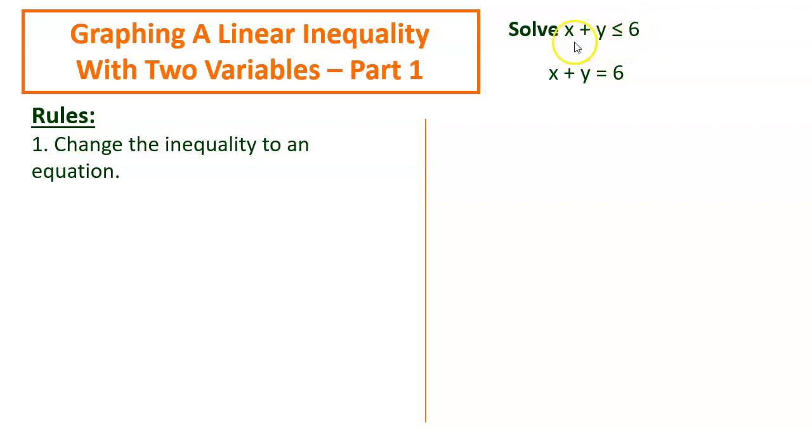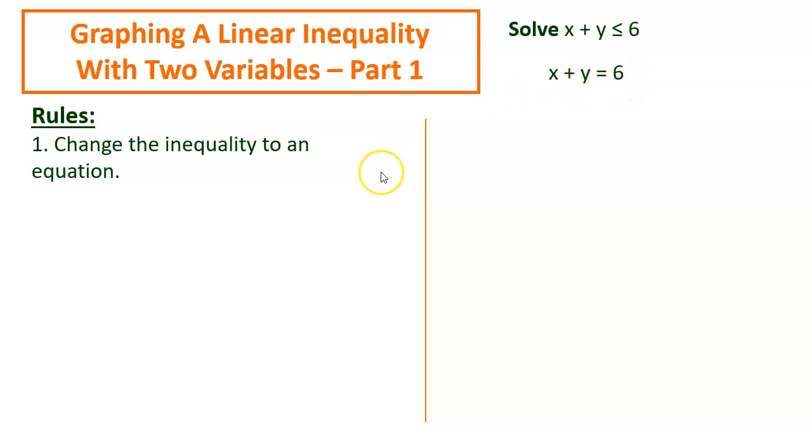But if the question was only x plus y less than 6, even then we would have ignored the less than sign and inserted the equal to sign to get the equation x plus y is equal to 6.